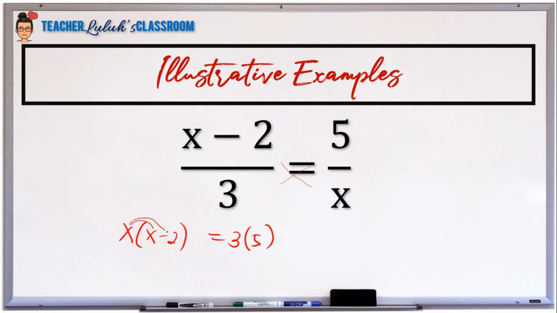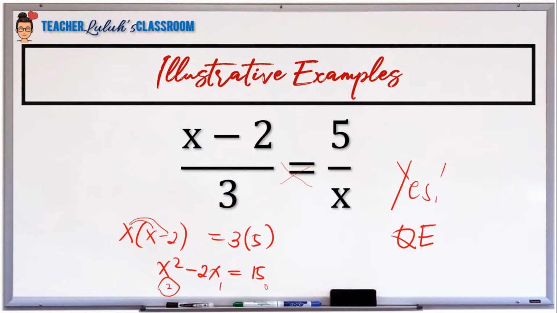So, distributive property, we have x squared minus 2x is equal to 15. Then check if the resulting expressions have the highest degree of 2. So, here, the degree is 2, this one is 1, it is 0. So, the highest is 2. Therefore, yes, this is a quadratic equation.